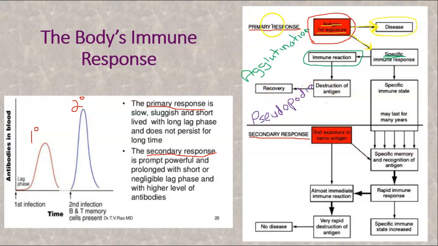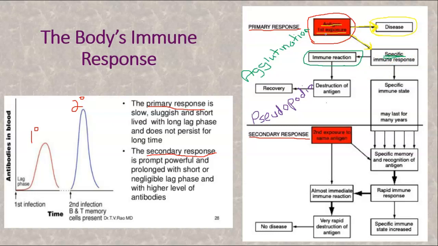Now, in this primary response, this immune reaction occurs very slowly because it takes a lot of time to produce the antibodies after recognition of the antigen.